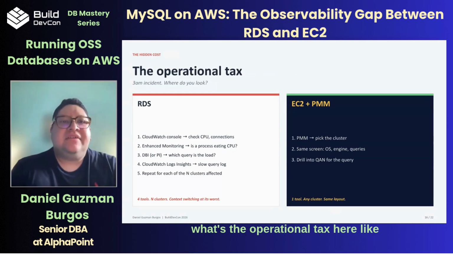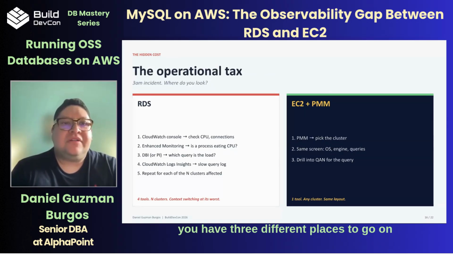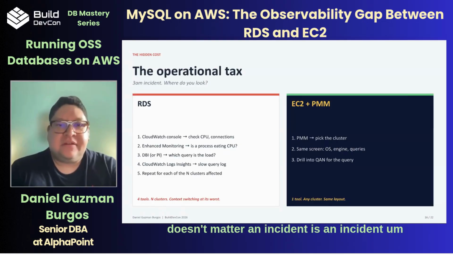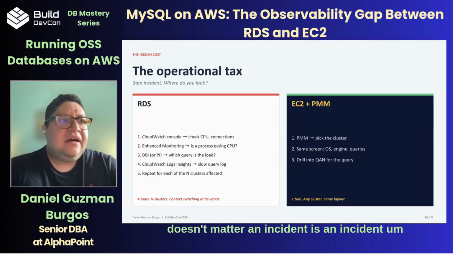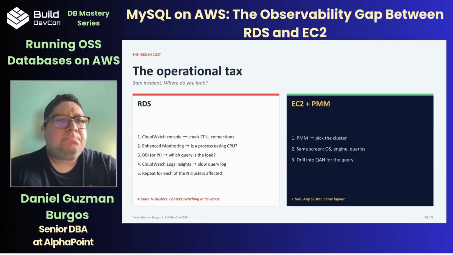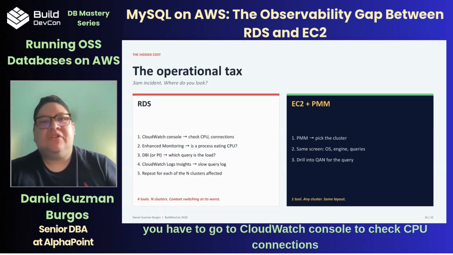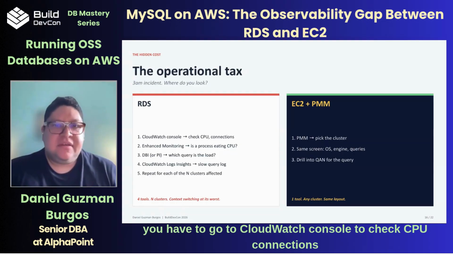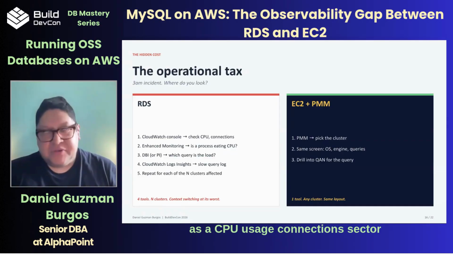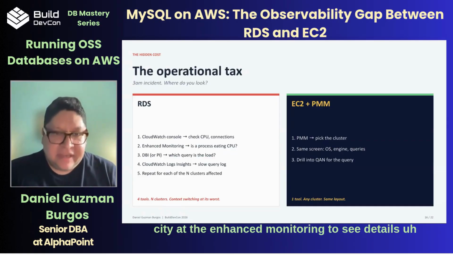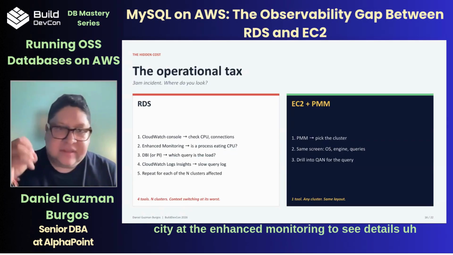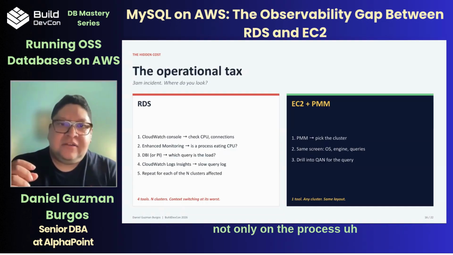What's the operational tax here? You have 3 different places to go on RDS, right? You have an incident, 3 a.m., 2 p.m., doesn't matter. An incident is an incident. You have to go to the CloudWatch console to check CPU, connections. The enhanced monitoring to see details, not only on the process.